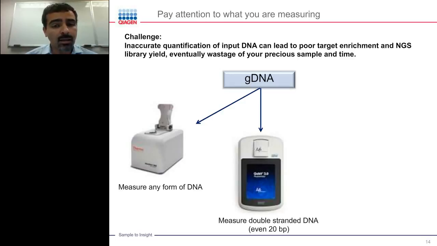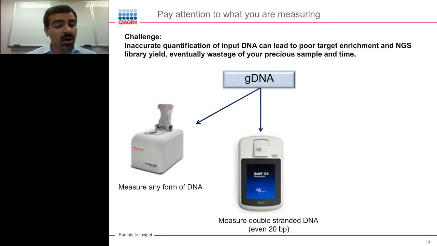So to highlight this challenge, I just want to touch upon a couple of ways through which DNA is usually quantified. The two major and most commonly used methods are spectrophotometry and fluorometry. Spectrophotometry measures any form of DNA, while fluorometry can measure double-stranded DNA down to 20 bases.